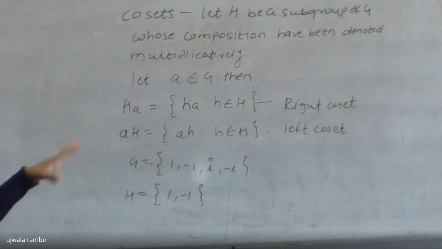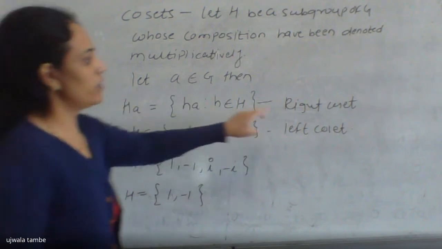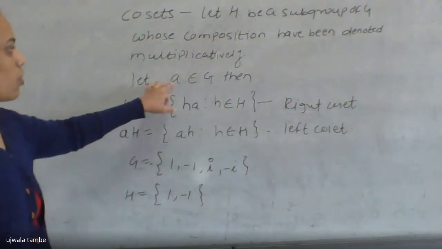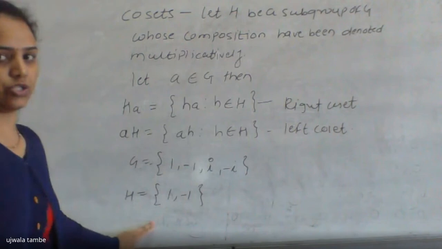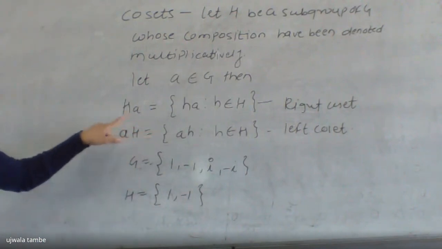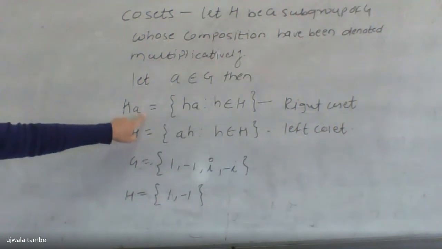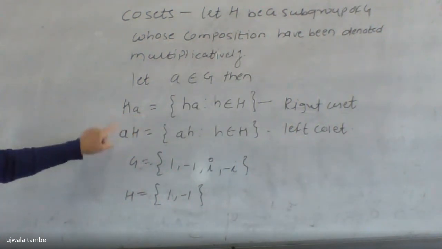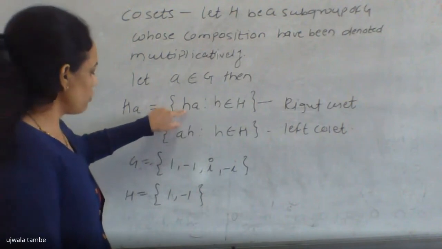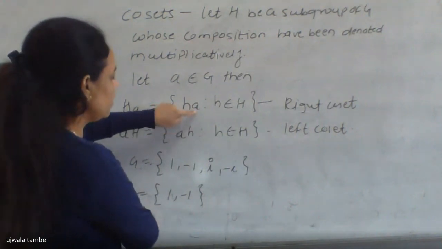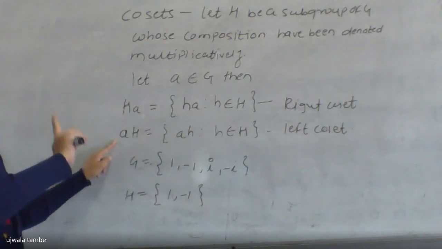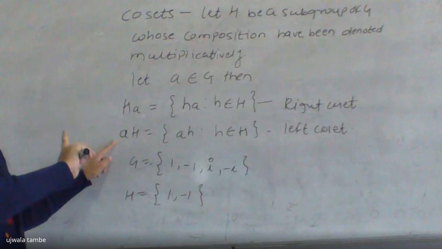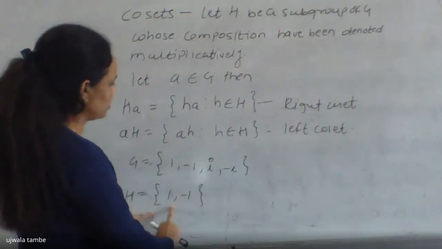In composition we have to perform the multiplication operation. Okay, so there are two types of coset, right coset and left coset. Small a belongs to set G and small h belongs to set H. So how to find Ha? This is the right side, that's why it is the right coset, and this is the left. In the right coset we have to take h from the set H and a from the set G, and in aH we just perform the vice versa operation. We have to consider the element from G and then the element from H.